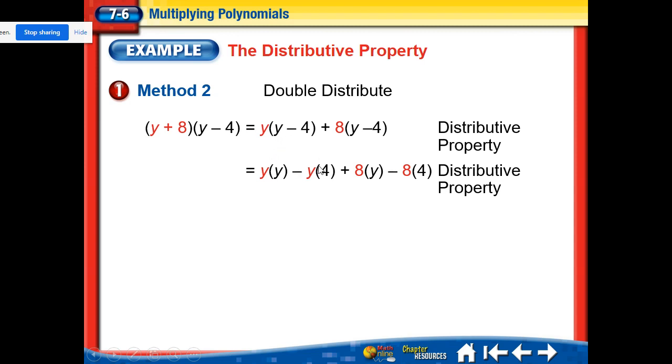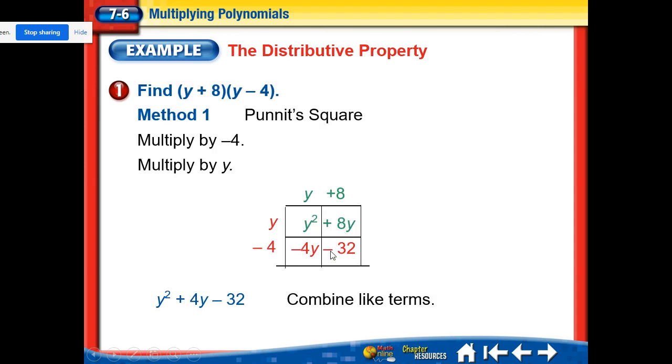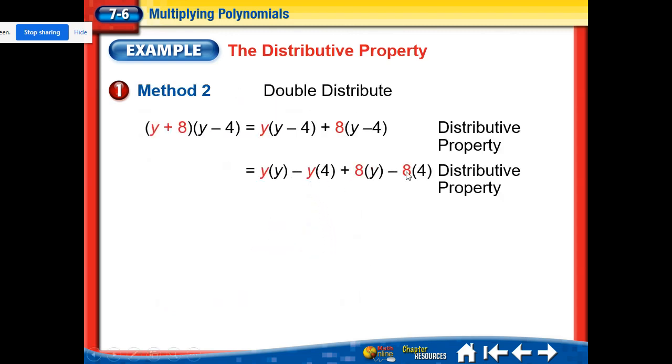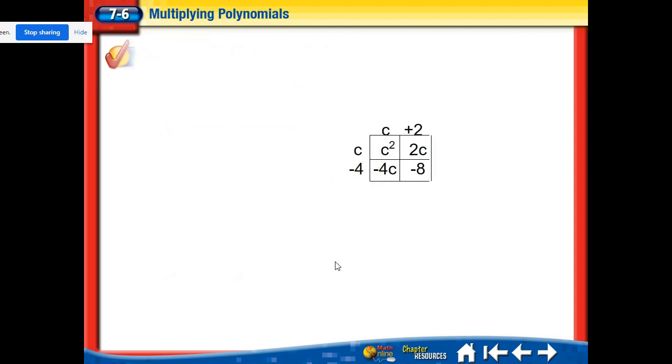You're going to separate it into four terms, just like we had in our Punnett square. We had four boxes. This is going to be four terms: y times y, y times negative 4, 8 times y, and 8 times negative 4. Gives us the same numbers that we would have had with our Punnett square, and then we add those like terms in the middle, giving us the 4y, just like what we had before. So those are both very valid, and you can do it either way.